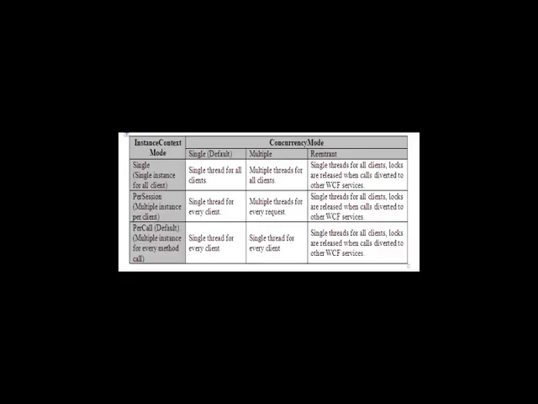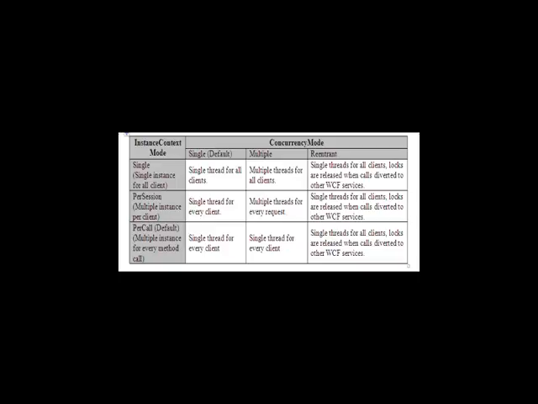Now we can come up with 9 combinations of instancing and concurrency. By using the instancing mode as single, per session, per call, we can use the concurrency mode of single, multiple, and reentrant, and create 9 combinations of instancing and concurrency.